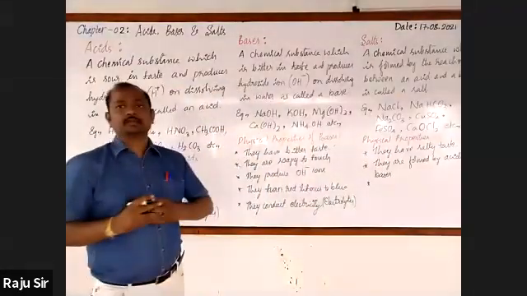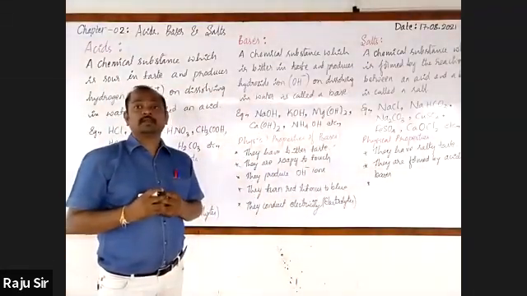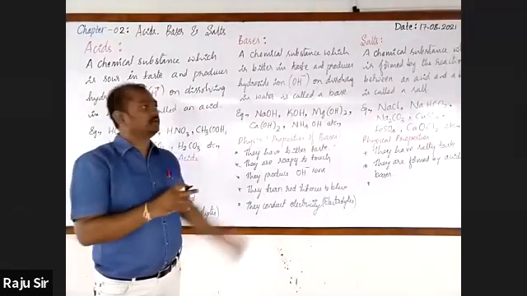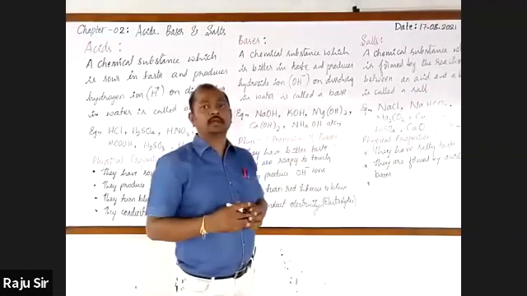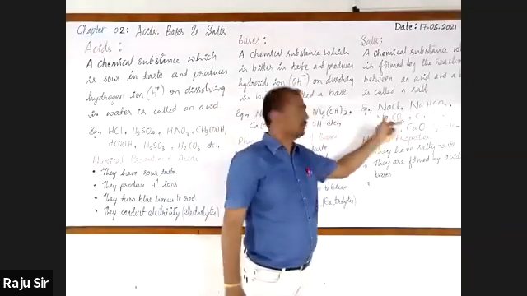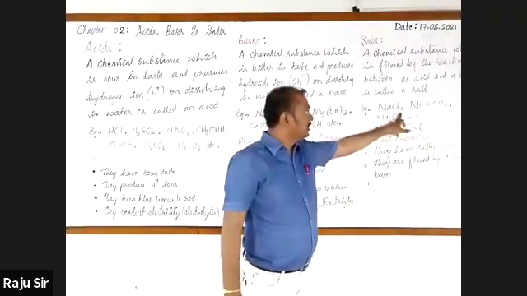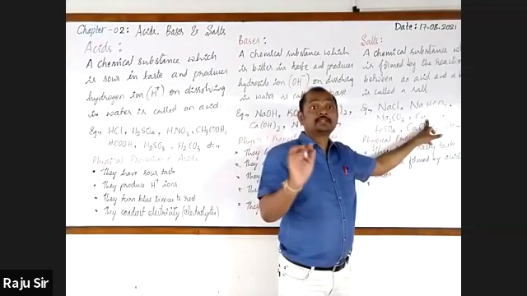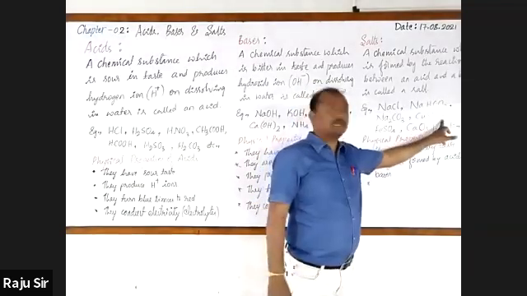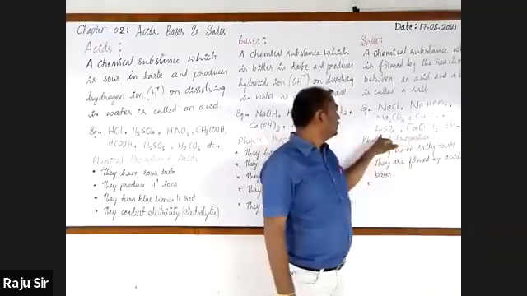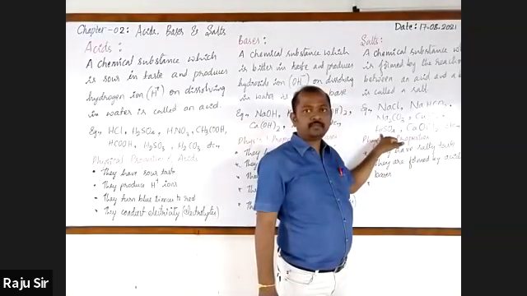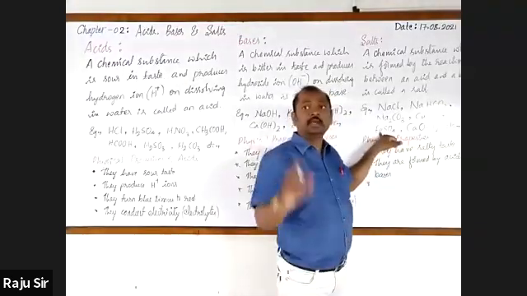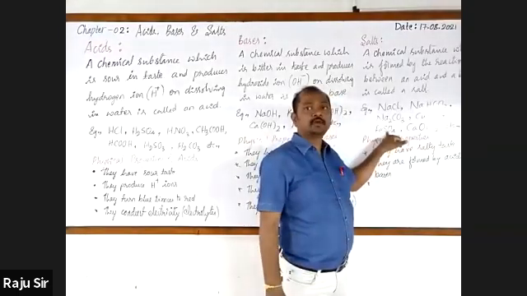Do they release ions on dissolving in water? Yes, they produce their respective ions on dissolving in water. Example: sodium chloride, when dissolved in water, forms Na plus and Cl minus. Copper sulfate produces Cu2 plus and SO4 2 minus. Iron sulfate produces Fe2 plus and SO4 2 minus.